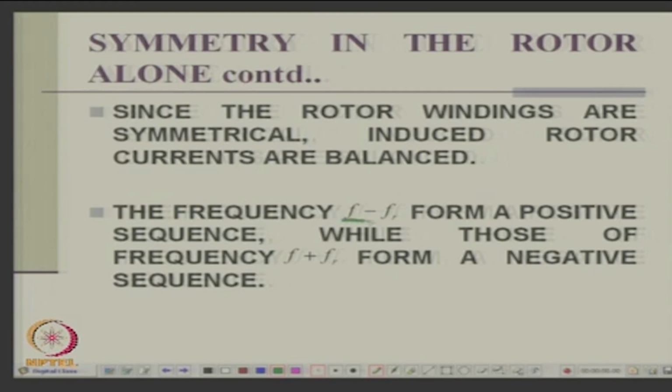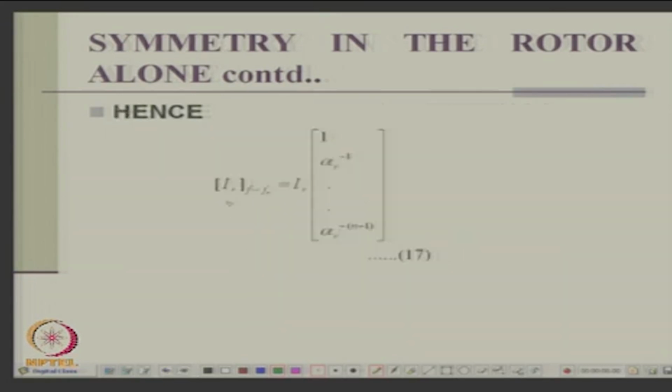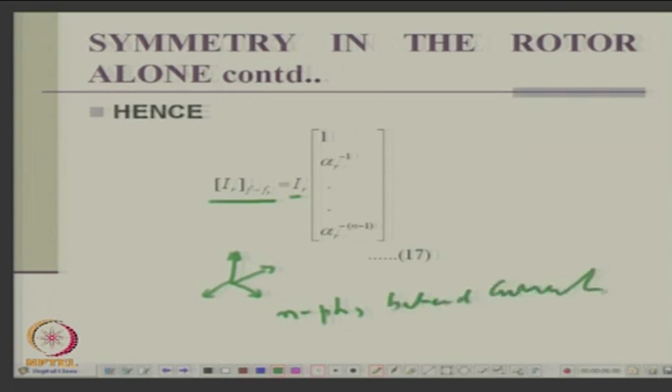Anyway, this we assert: frequency F minus FR, positive sequence; F plus FR, negative sequence. Then the rotor current of frequency F minus FR will be its magnitude into 1, alpha to minus 1, alpha minus n minus 1, etcetera, which would mean it is balanced currents of n phase, because it is due to positive sequence.